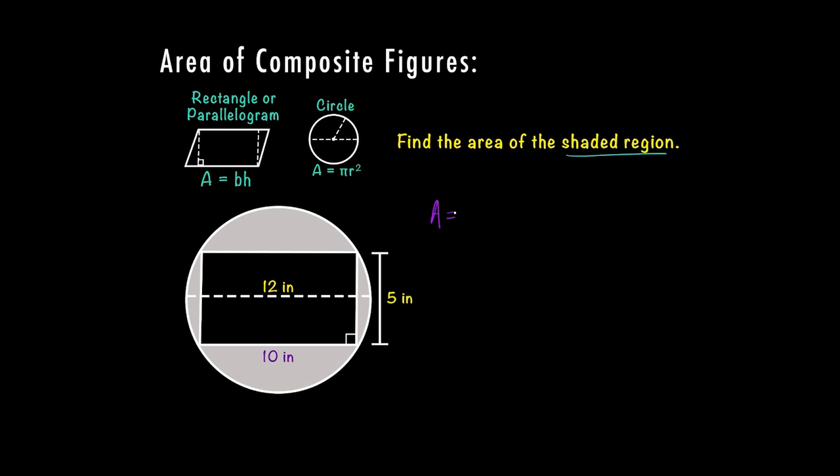So we're going to start with the circle because it is larger, and that way we have the larger number on top when we go to subtract at the end. So the area of our circle is pi r squared. Now the r in this case is my radius, and this circle actually gives me the diameter, which is 12.